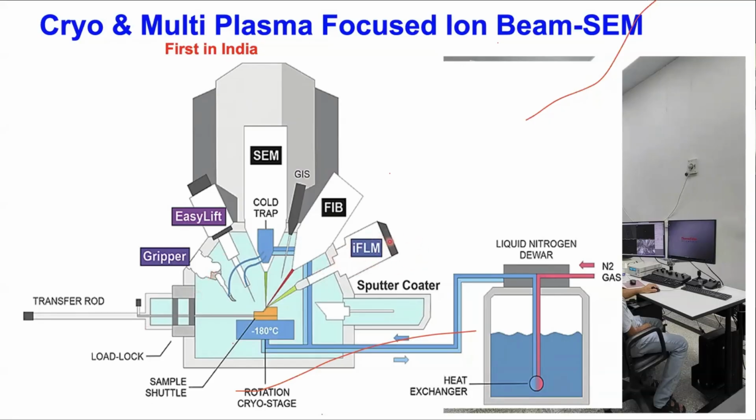This machine has IFLM, FIB, SEM, EasyLift, and sputter coating as well as GIS coating. These are the basic units we have with us, and it has a transfer rod with a semi-automatic loading system.